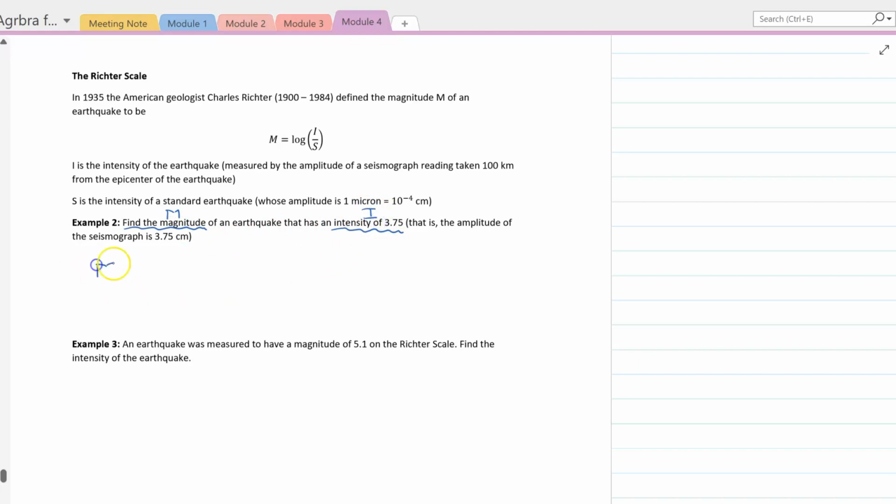So M equals log of 3.75 divided by 10 to the negative 4, and the calculator will give you about 4.6. So this is about a 4.6 magnitude earthquake.